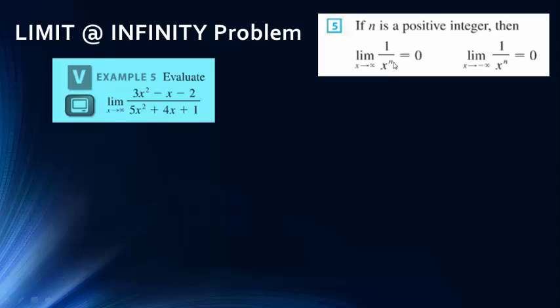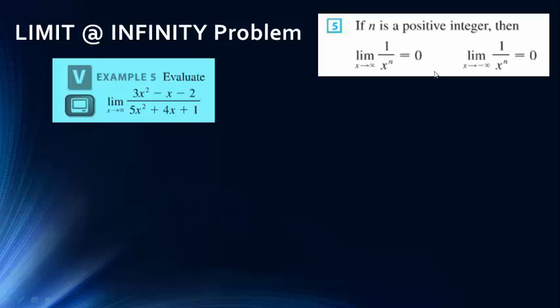So even if it's x to the 1, notice that 1 over infinity, or 1 over infinity squared, is 1 over a large number. You can think of this kind of like your chances of winning the lottery. 1 in 200 million is pretty close to 0, right? And so both of these, if we have 1 over x, or 1 over x to a power, and x is going to infinity, these equal 0.